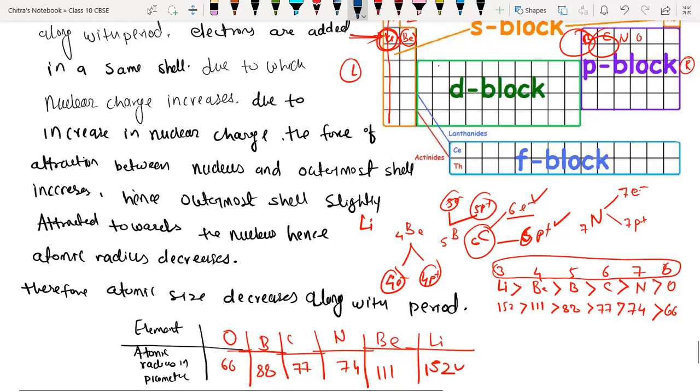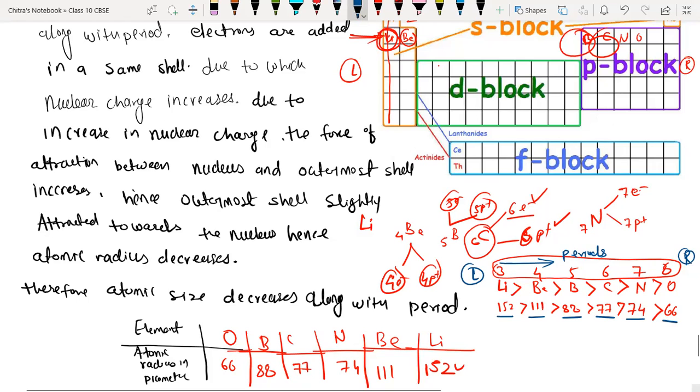So here this is the left side and this is the right side, and we are moving left to right along the period. Along the period, atomic radius decreases all the time: 152, 111, 88, 77, 74, 66. So this is the example for the decrease in atomic radius along the period.